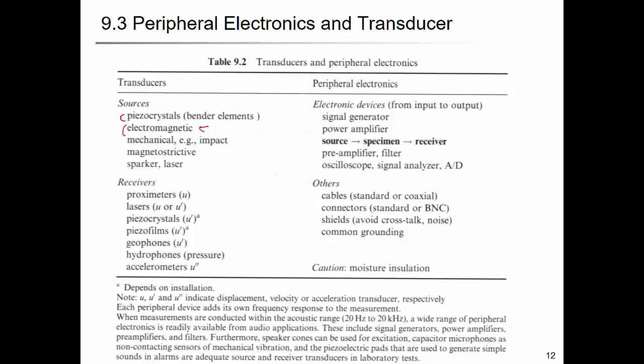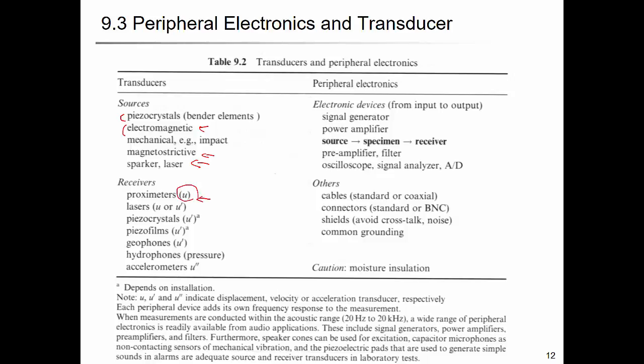You can hit it with some ball, a steel ball, or the impact hammer. And magnetostrictive and spark or laser sources are another way to apply the excitation. And receivers, proximeters, measure the displacement.